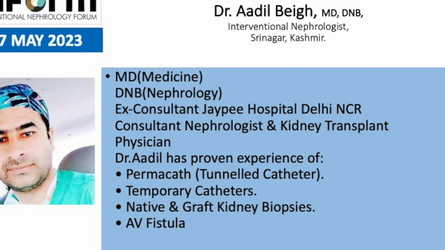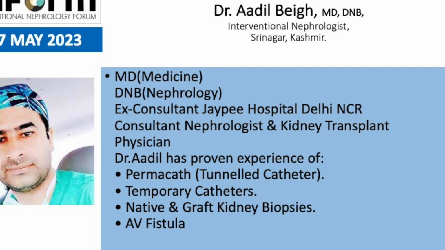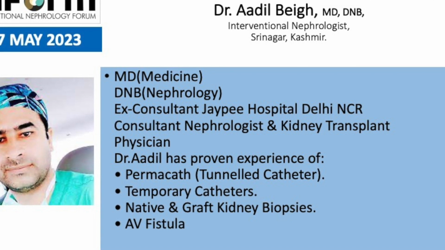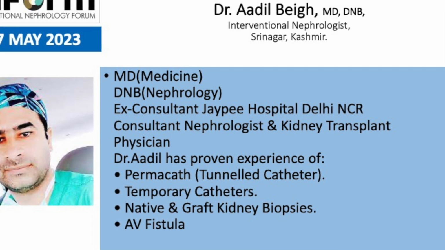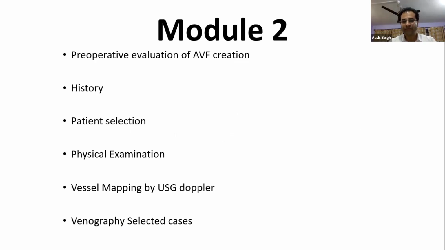Module two will include the pre-operative evaluation for AV fistula creation: history taking, physical examination, vessel mapping by ultrasonography, and in selected cases, for example patients with cardiac devices, long-term catheters, visible vessels in the neck, around the shoulder or upper chest, or a history of PICC lines or chemoports, those cases will go further.